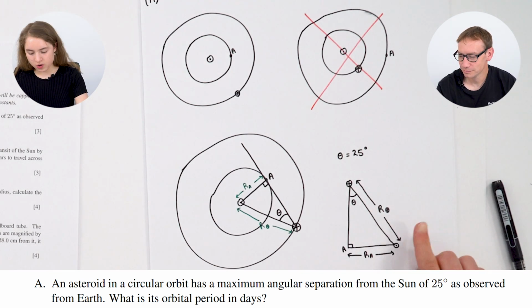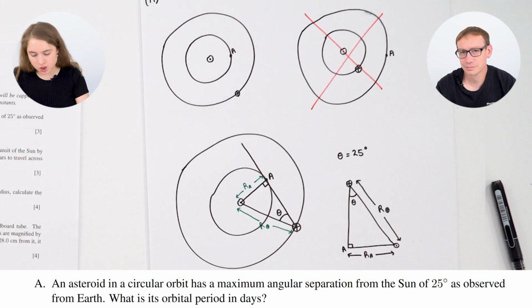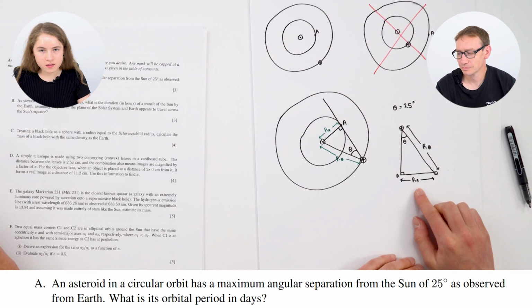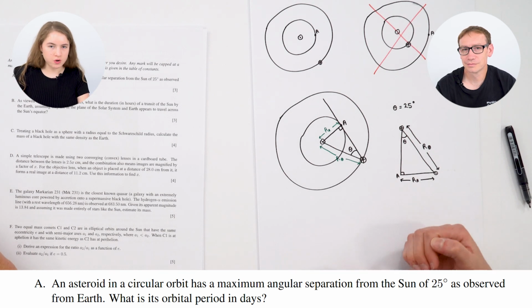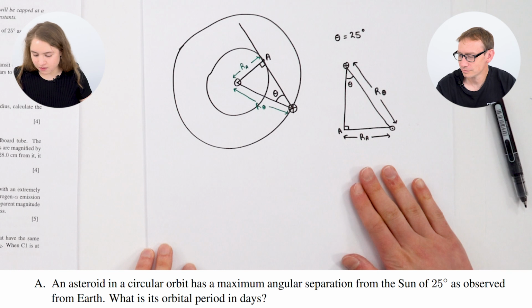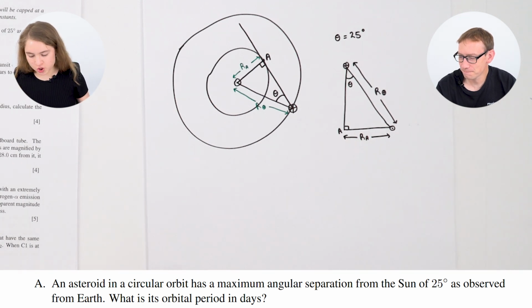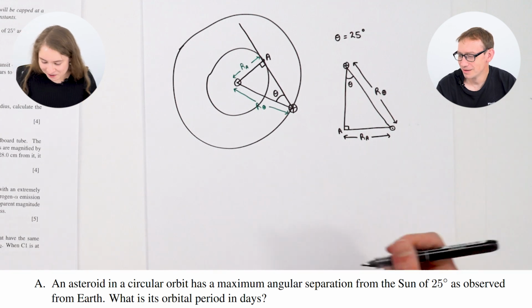Okay, so we've drawn out this triangle again, and we're looking for the orbital period in days. As we mentioned, knowing R_A, the radius of orbit of the asteroid, is going to be really helpful in finding the orbital period. So let's go ahead and find R_A. That's trigonometry, SOHCAHTOA, all the fun stuff.